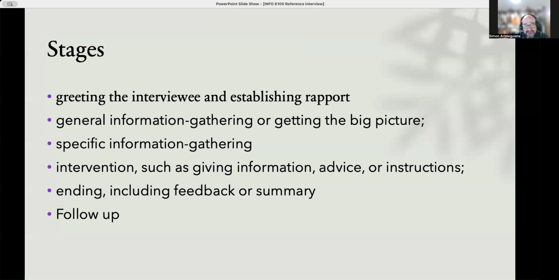Another very important thing that we have to do in this stage is to show or instruct the patron how to assess and evaluate information. Okay, and this is not for the purpose of censoring any information. It is for the purpose of illustrating and instructing how they can differentiate between information, misinformation, disinformation, or propaganda.